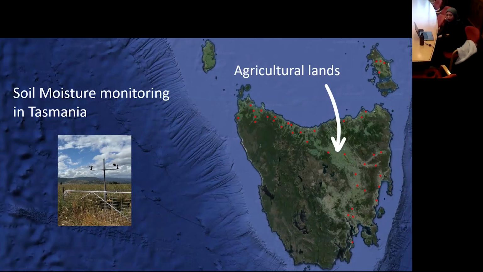If you have a look at this map of Tasmania, the red dots mean there are soil moisture probes that had already been installed, during 2023. The picture on the left side is one of the monitoring systems that they installed. Other than soil moisture, they also measure the wind and the weather parameters around it.